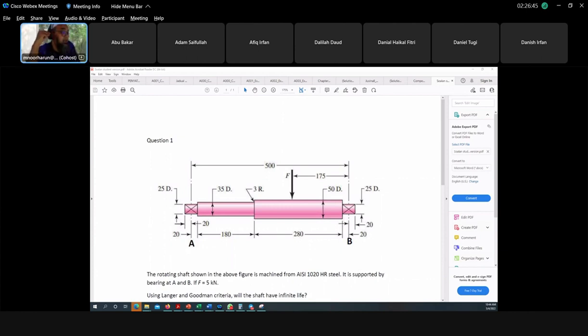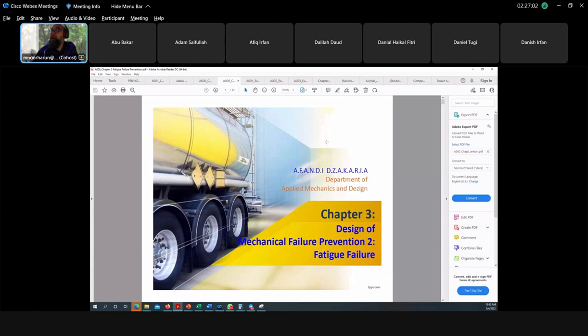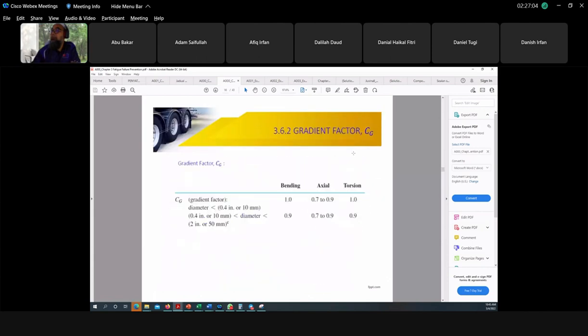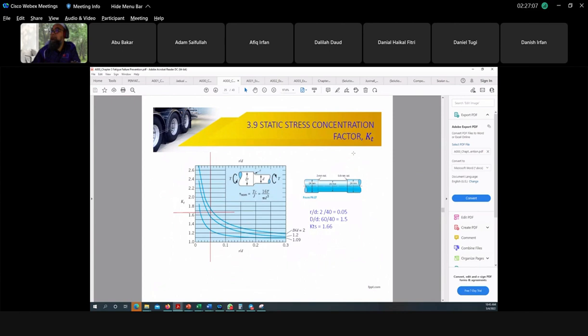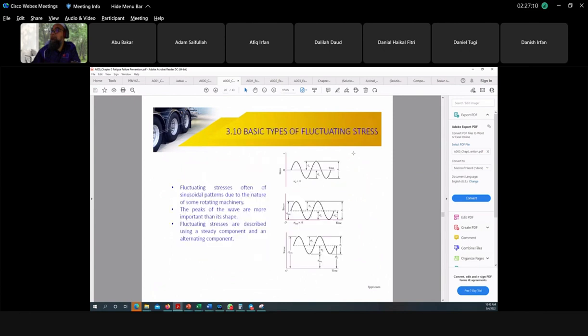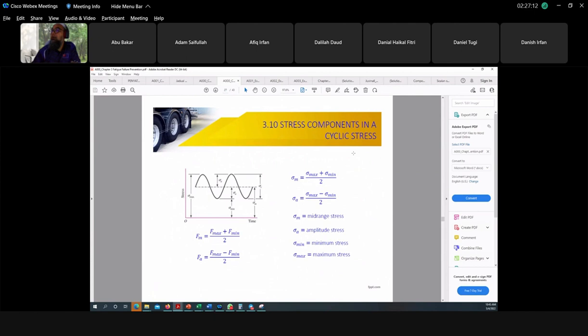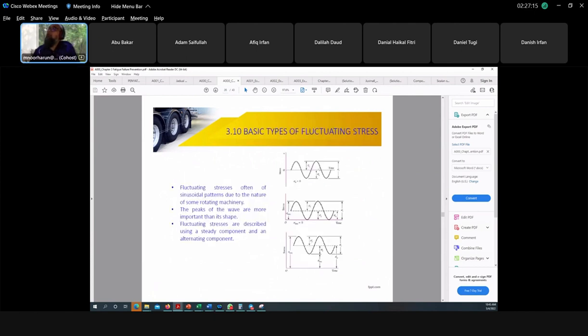Since it is reverse bending, sigma mean is 0, right? So we only have alternating stress.